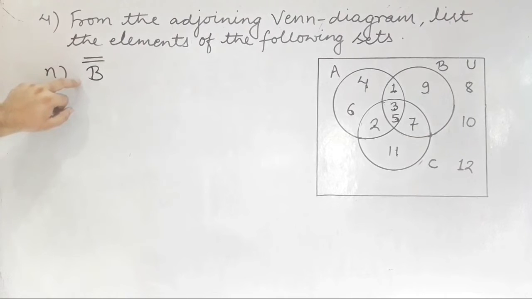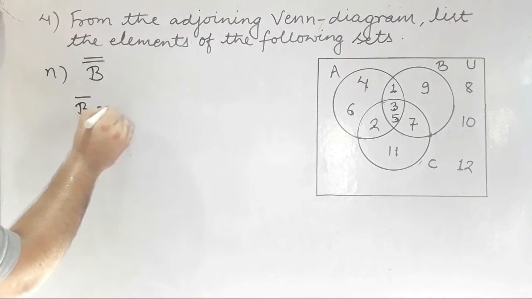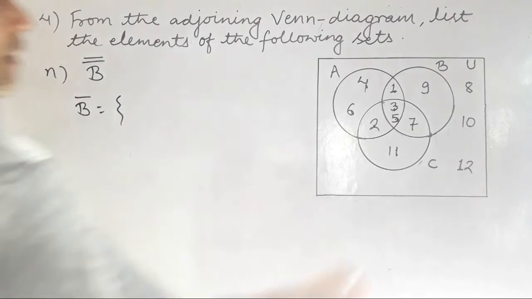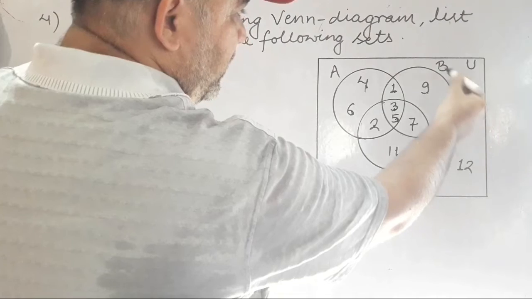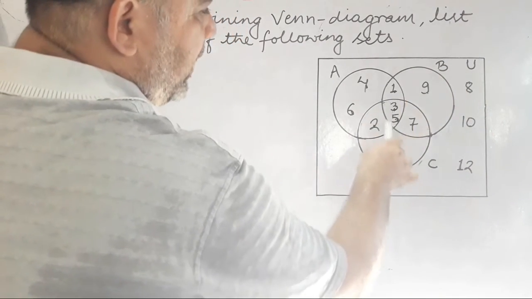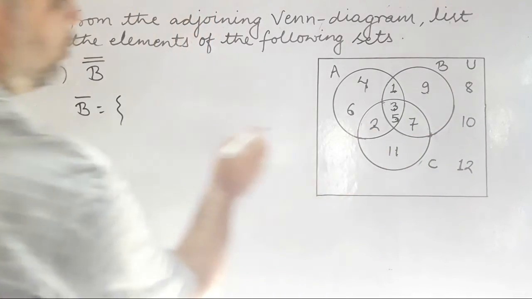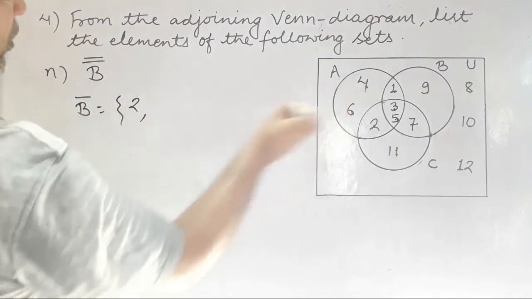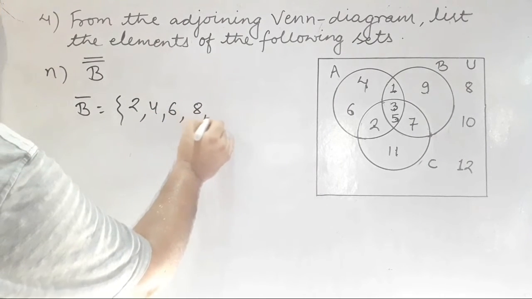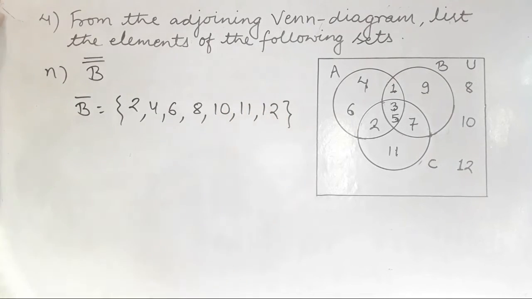B double complement. At first we shall find out the B complement, the elements which are not in set B. What are the elements which are not in set B? See in this circle. The elements should be outside this circle, except this circle, that is set B. The elements 2, 4, 6, 8, 10, 11, 12.